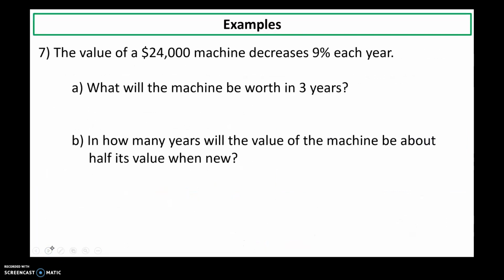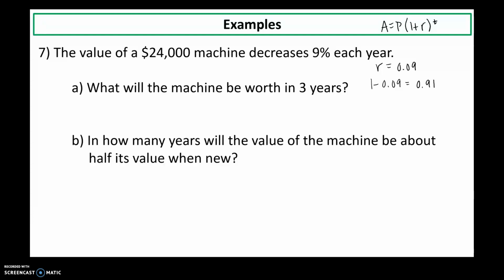All right, the value of a $24,000 machine decreases 9% each year. What will the machine be worth in 3 years? Okay, so here we have our annual decrease. So my rate as a decimal is 0.09. So my base, when I subtract 0.09, now I get 0.91 for my equation.